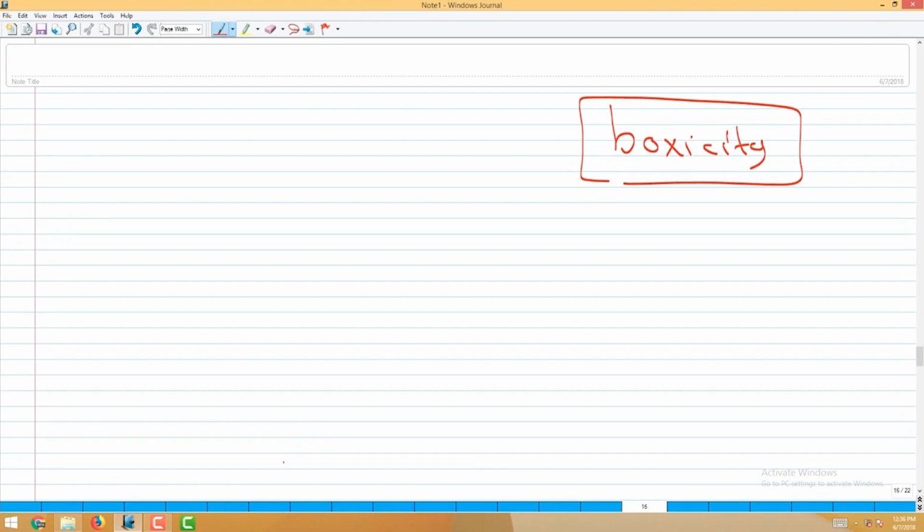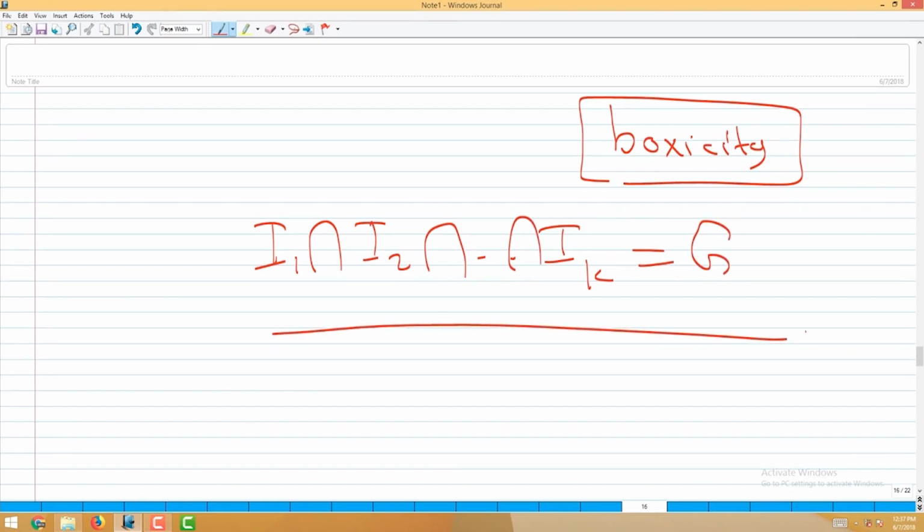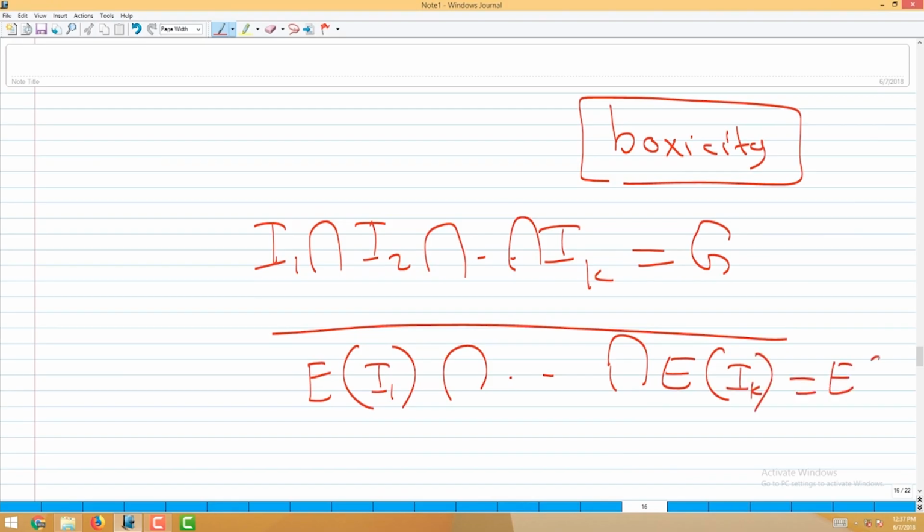It is essentially the minimum number k of interval graphs I1, I2, up to Ik, such that the intersection is equal to G. When I say intersection equal to G, the vertex set is assumed to be the same everywhere, but on the edge set we are taking the intersection. Actually, we should write E of I1 intersection up to E of Ik is equal to E of G. If you get something like that, then that minimum k is the thing.